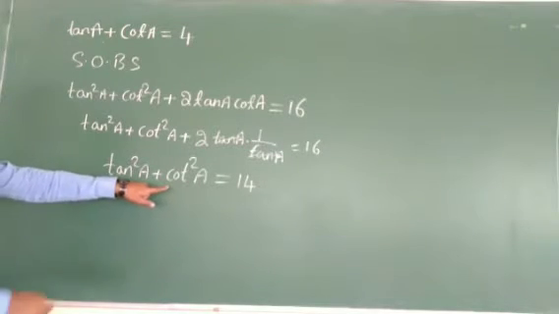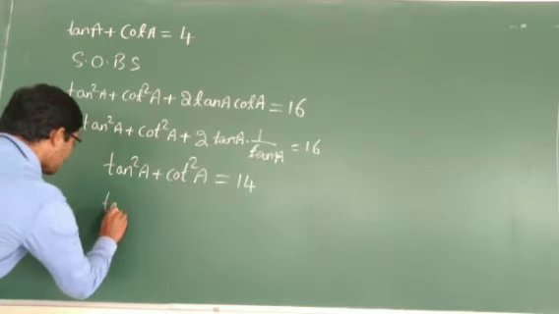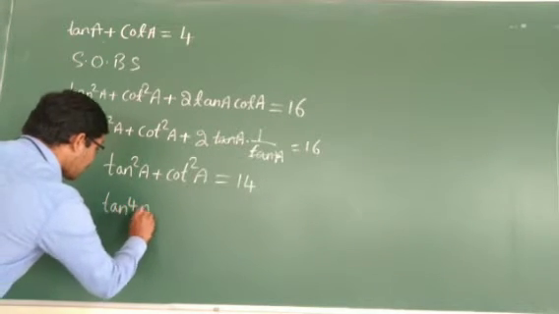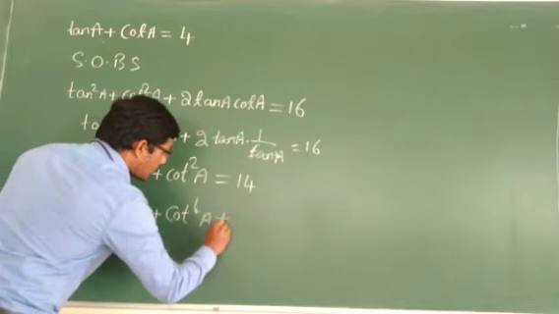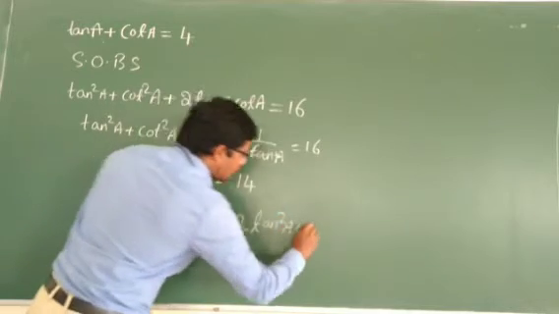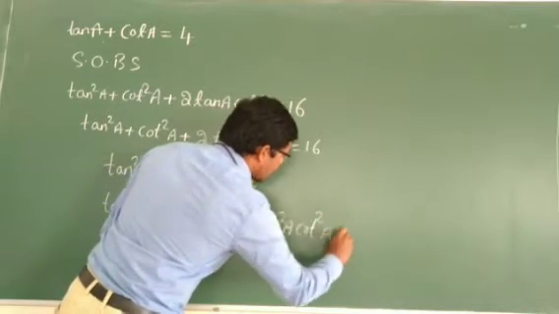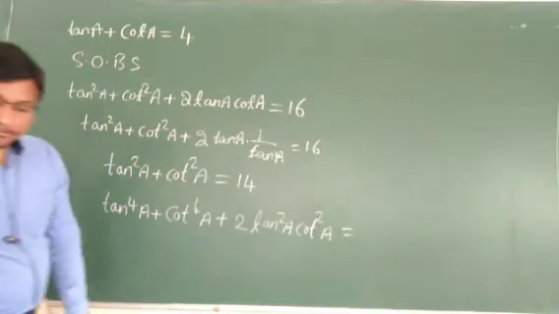So what we need is tan power 4. We can take squaring on both sides one more time. So that becomes tan power 4A plus cot power 4A plus 2 tan square A into cot square A, that is equal to 14 square.